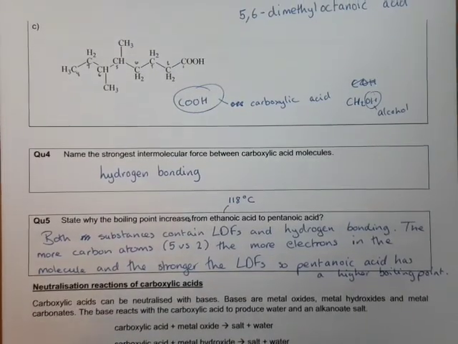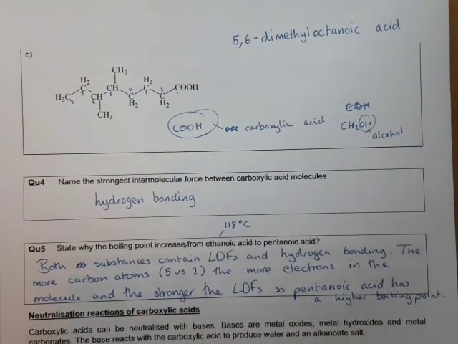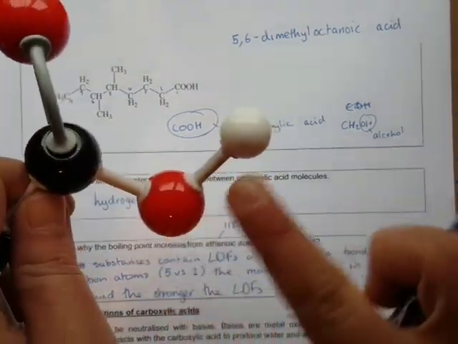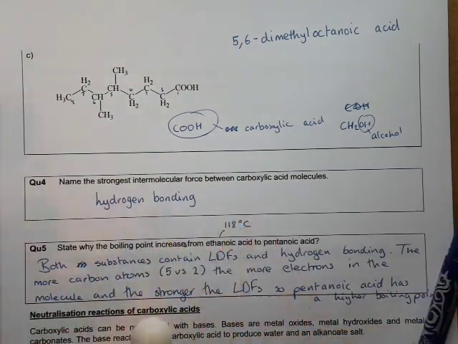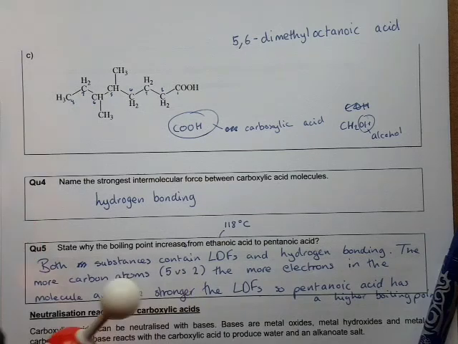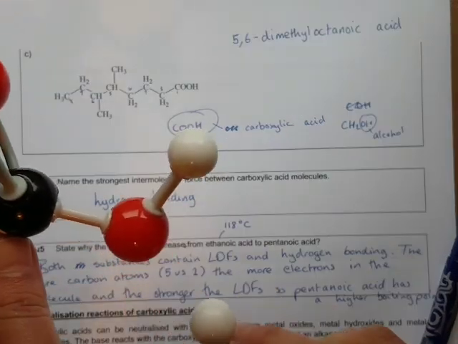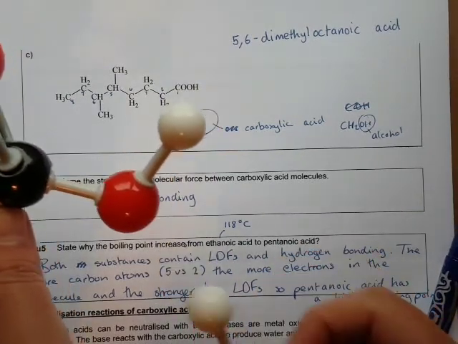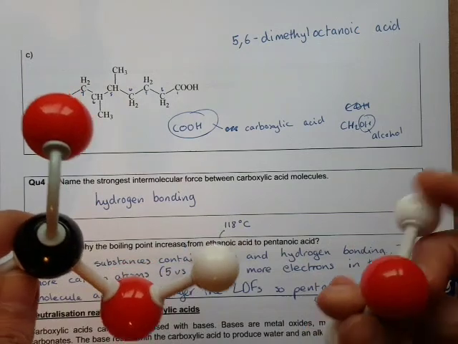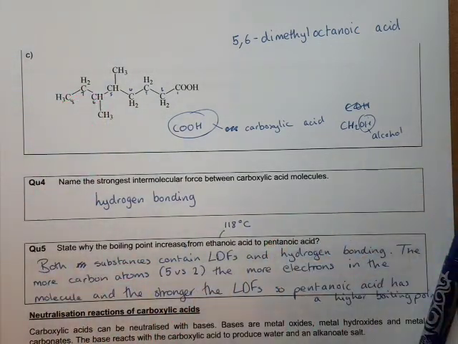Okay, so you should have recognised that because carboxylic acids have that OH, oxygen bonded to a hydrogen, that hydrogen bonds could form between the molecules. So remember, a hydrogen bond would form between the oxygen on one molecule and the hydrogen on another, that attraction there, or between the hydrogen on one molecule and the oxygen on another, that attraction there for hydrogen bonding.